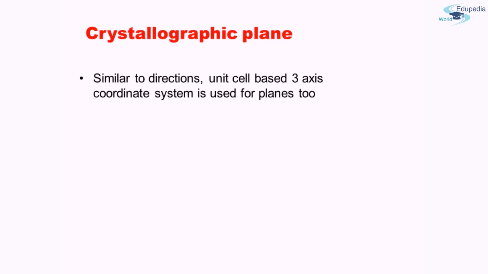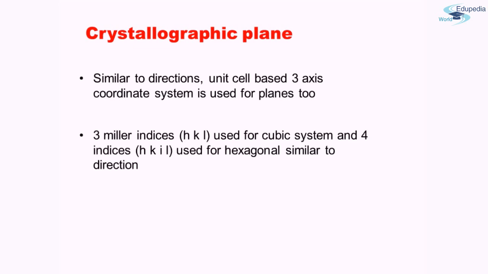Similar to crystallographic directions, crystallographic planes are also based on the unit cell and the three-coordinate system of the unit cell. We base the Miller indices which we find on that coordinate system. For the cubic system, we use the 3 Miller index system similar to the direction, and for the hexagonal system we use the 4 Miller index system, again similar to hexagonal direction.